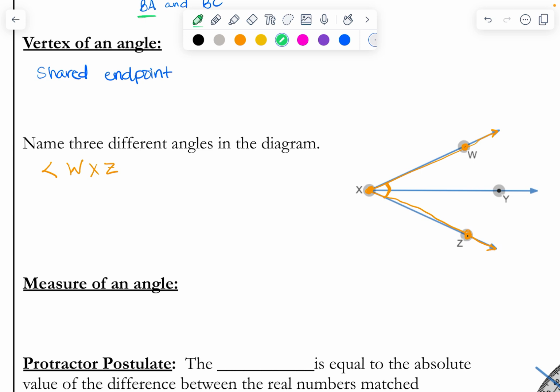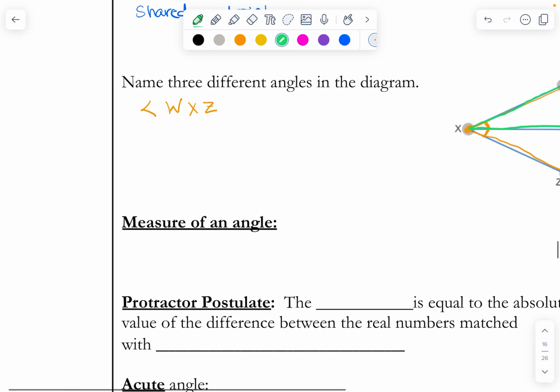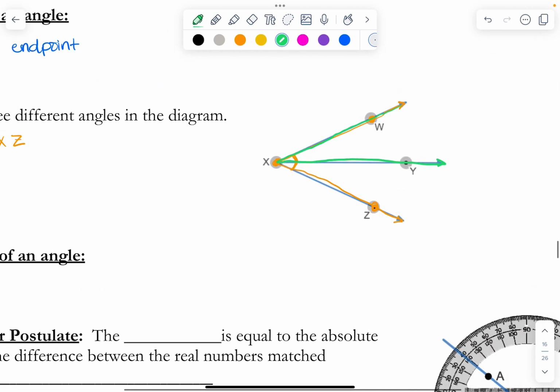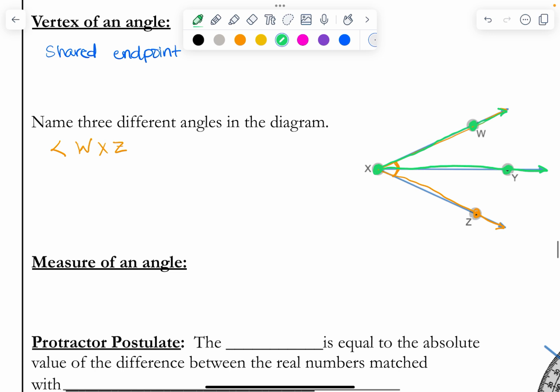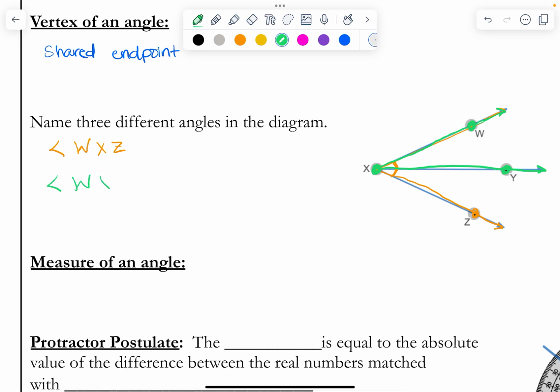Okay, let's switch colors. Another angle that I see is a smaller angle here. And I have 3 points again. I have W, I have the vertex X, and I have Y. So if I name that angle, I have angle WXY.